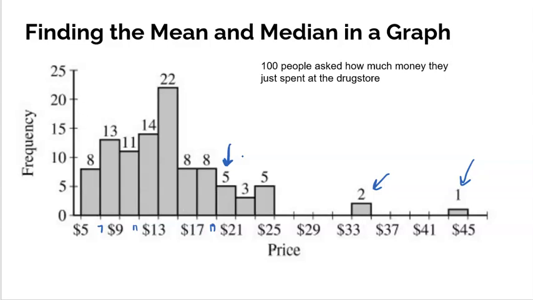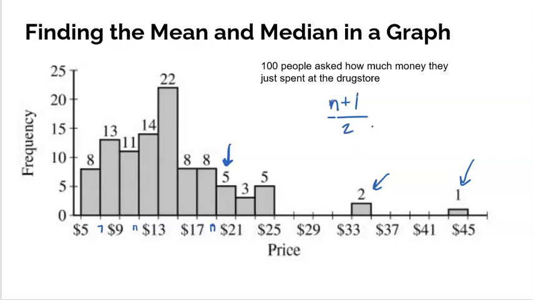Now, the median, same thing. I don't have the individual values in front of me, so I can't actually find the exact median, but I can locate where it falls. This is super important. So remember that formula for the median. This is a formula to tell you not what the median is, but where it's located.